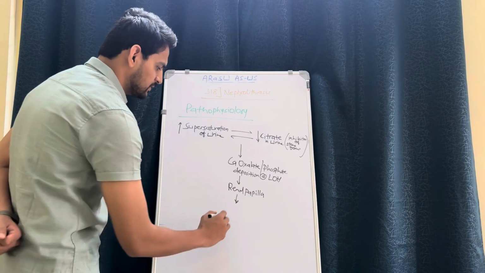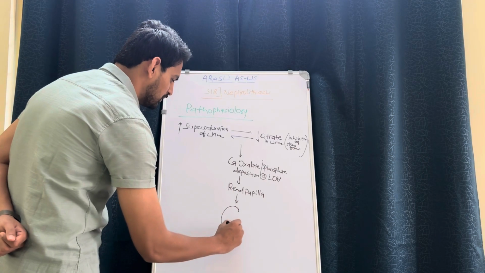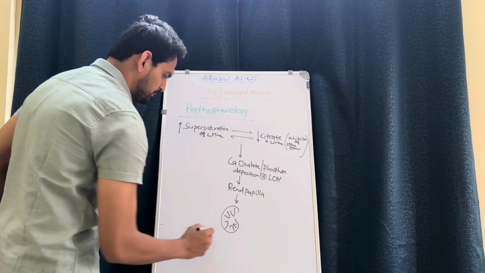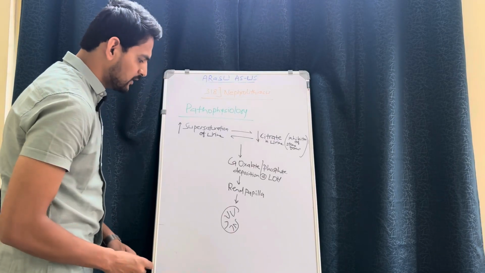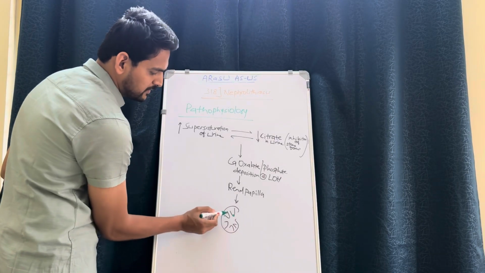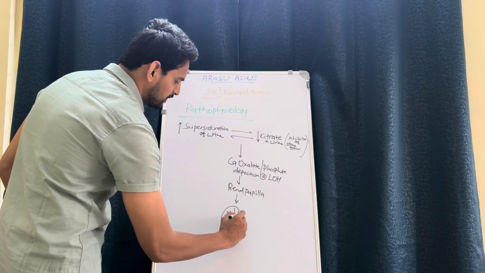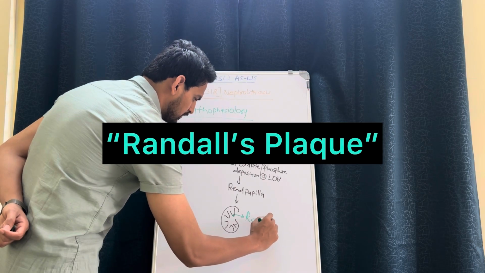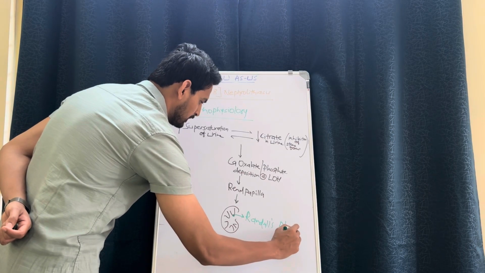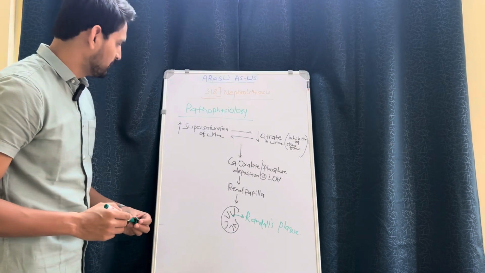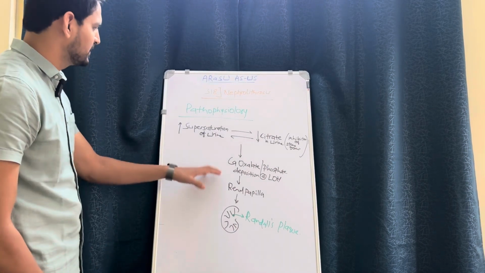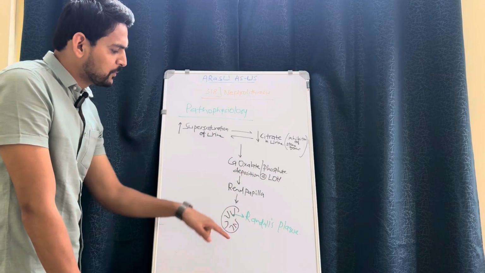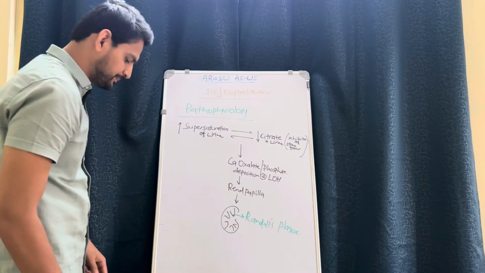Then they will get deposited at the tip of these papillae. Here they will get accumulated. This is called as Randall's plaque. This will lead to the manifestations of clinical features. So this is the pathophysiology. Initiation site will be loop of Henle and one more important site is Randall's plaque.